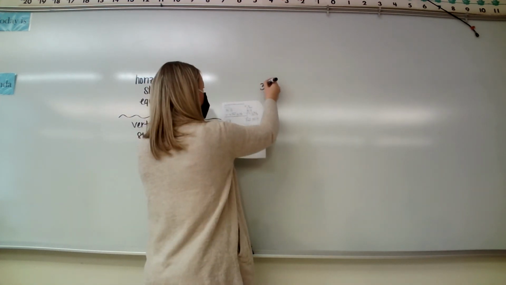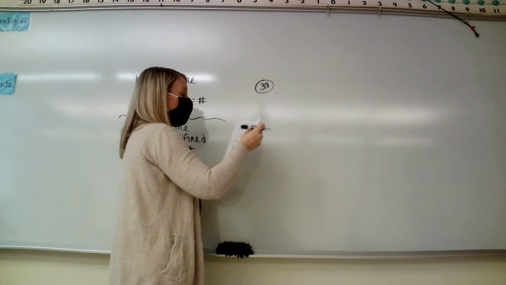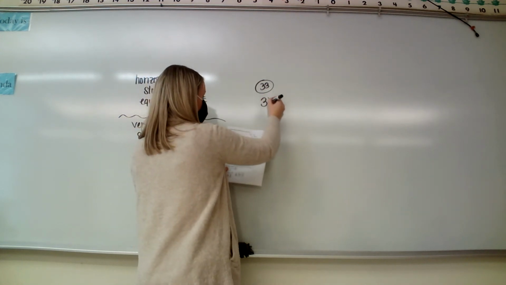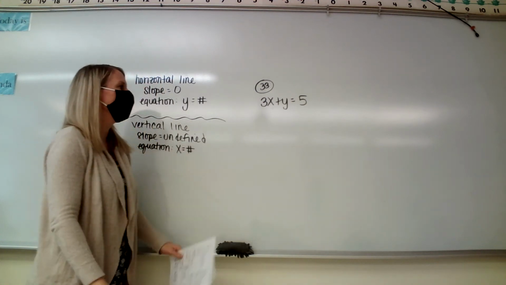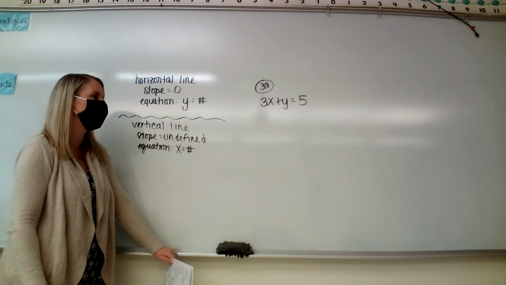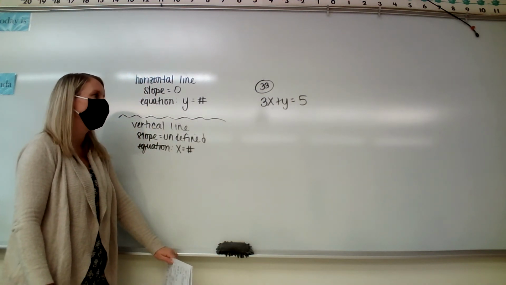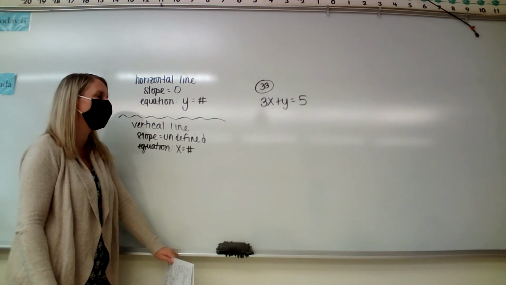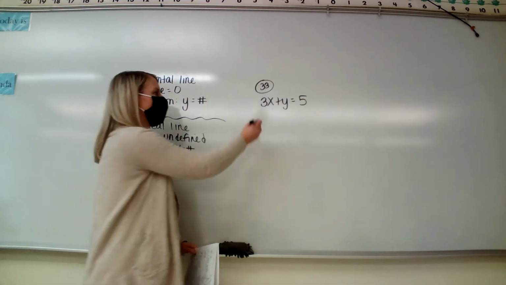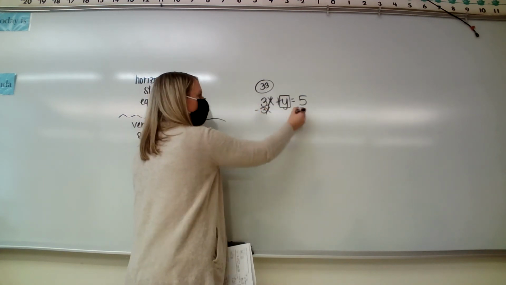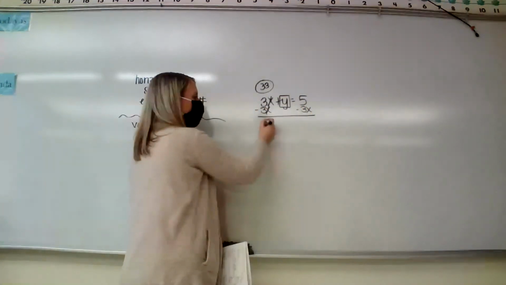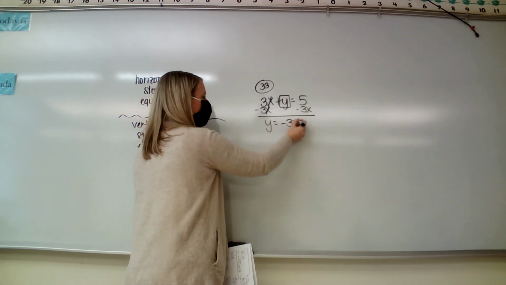Number 33, we had a question from home. If it asks for a parallel or perpendicular slope, you have to know the slope of that. And to know the slope of that, I just rearrange it. If I'm rearranging and need a slope, I try to rearrange to slope intercept form, so I try to get this y by itself. If I move this over, I get y equals -3x plus 5.